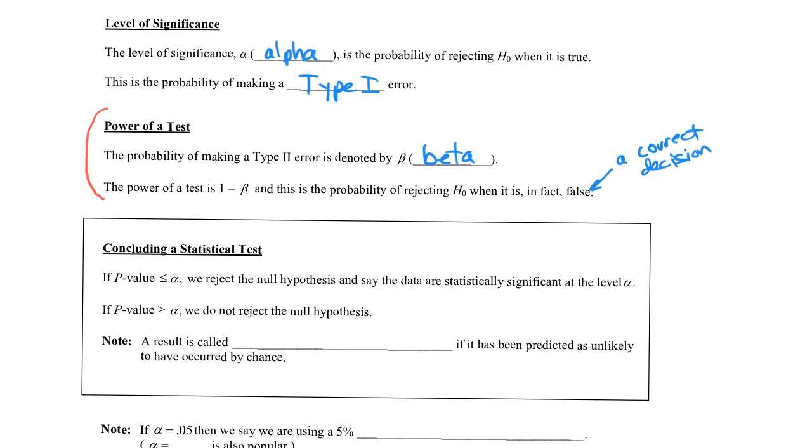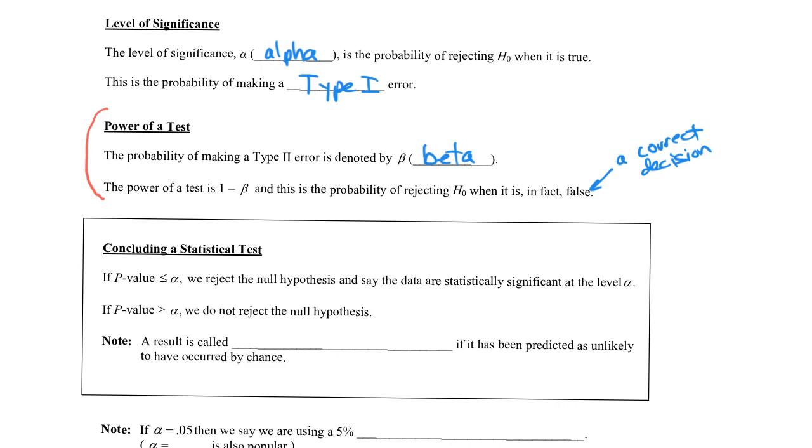Sometimes you'll hear that a particular statistical test has more power than another statistical test. This is what it's referring to. It would have a better probability of rejecting H naught when it is in fact false. But that is about as much as we'll talk about the power of a test or the probability of making a type 2 error.